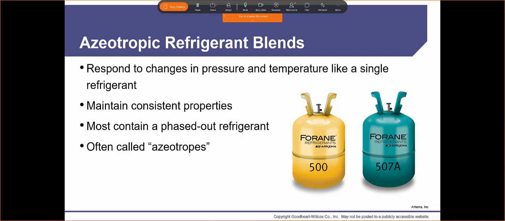The problem is they still may fractionate, so I'm not completely sure about 500 and 507A because I've never had to use them. If you're unsure, you can always charge it as a liquid and make sure you flash it before it enters the system. They maintain consistent properties. Most contain a phased-out refrigerant, often called azeotropes.